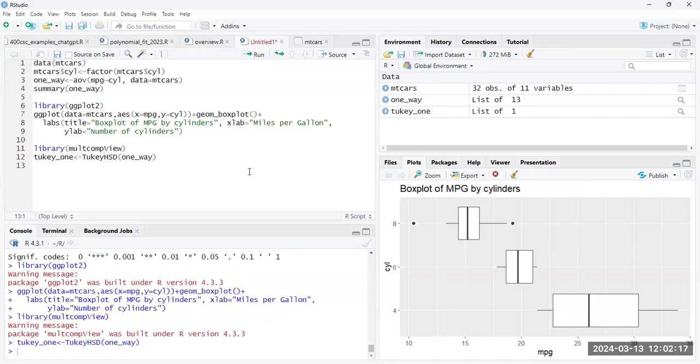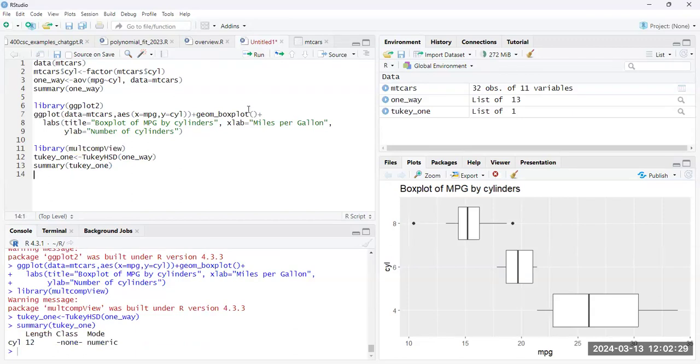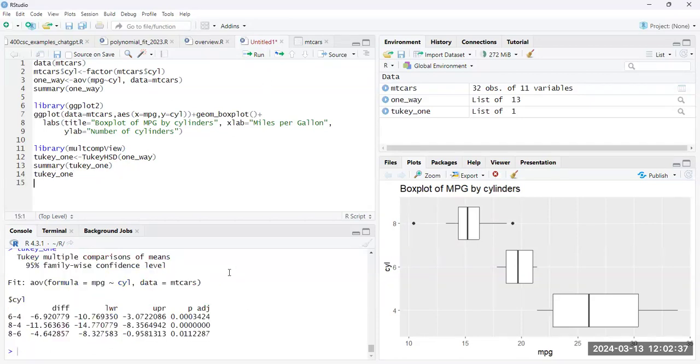And then we can print the results. Like so. So what we can see here is we have intervals that are specified between the various different categories.